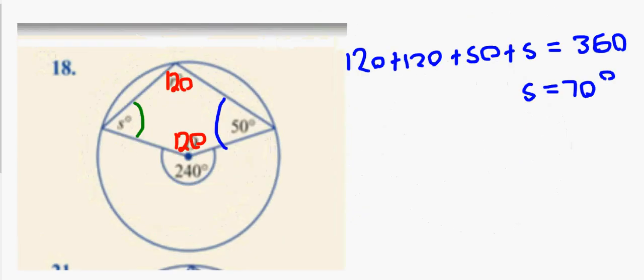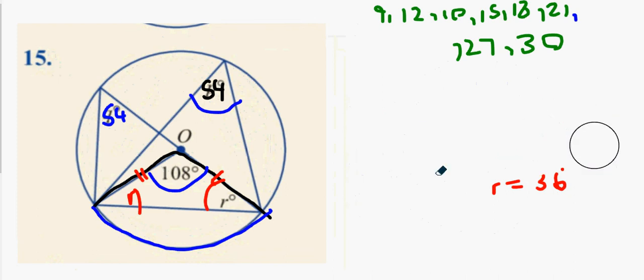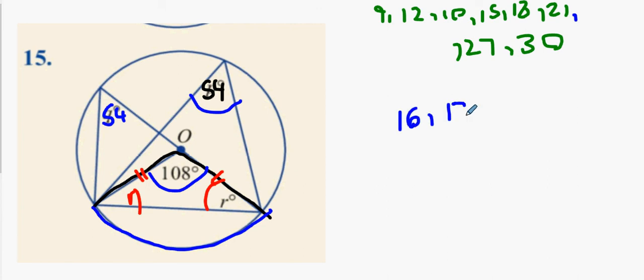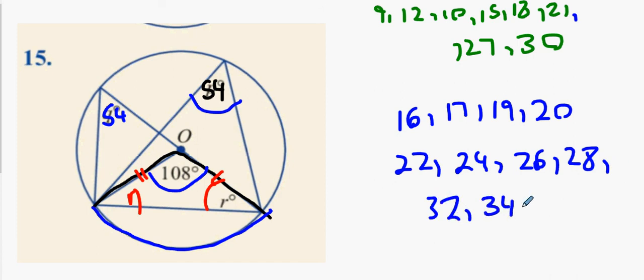So what we've done in today's class is 6, 9, 12, 10, 15, 18, 21, 27, 30. I want you guys to do the following. You had up to 15 the last day, didn't you? 16, 17, 19, 20. We'll put 22 in there. 24, 26, 28. 38.